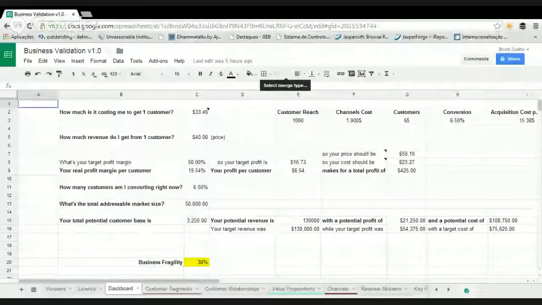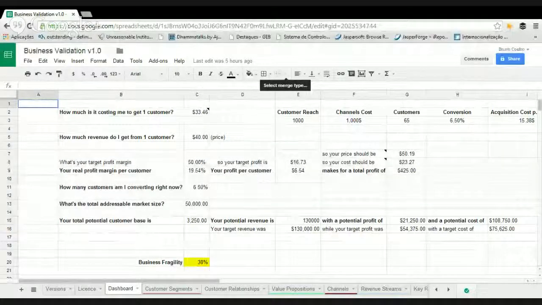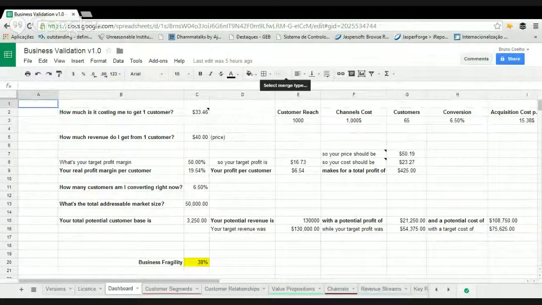So this spreadsheet that I'm going to share with you, like so, just going to share my screen, allows you to figure out in a quick and easy way the answer to important questions like who are your customers, what's their lifetime value, how much does it cost to get one customer, or how much does it cost to develop, deliver, and support the value propositions that you're offering those customers.